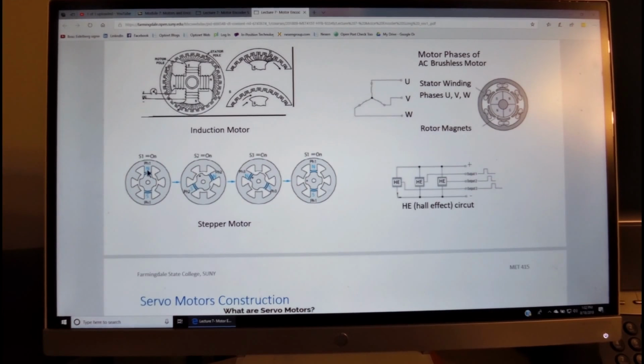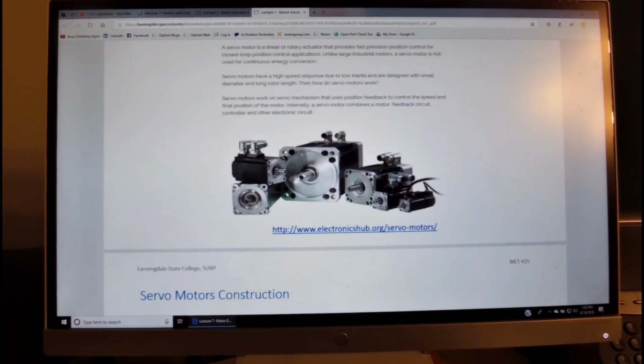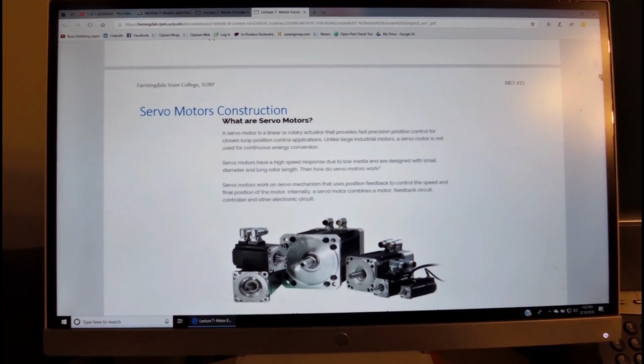As we switch, for example, this pole or this phase to the north pole, if this is the south, it will be repelled and will move in one direction, and then as we switch this one, it will be either attracted or repelled accordingly. The stepper motor will make one step each time we switch the flux. The way industrial motors look is seen over here.